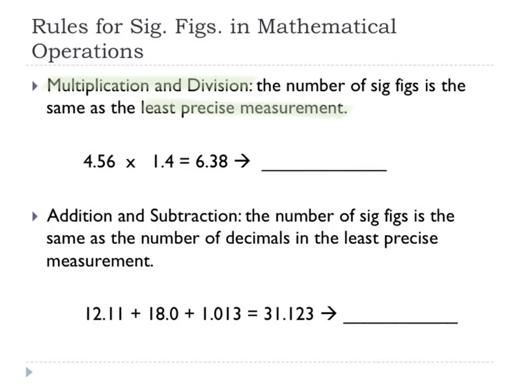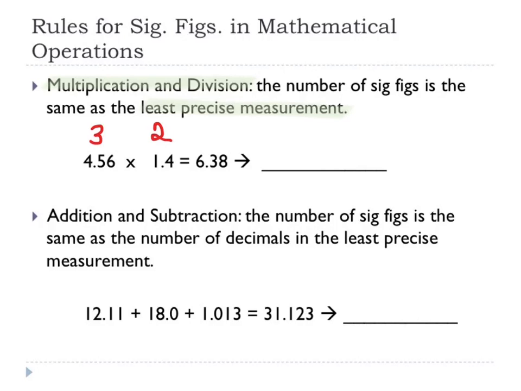So here is an example, 4.56, and that has how many significant figures? 3. So we have 3 significant figures, and then we have 1.4 that has 2 significant figures. When I multiply those two numbers in the calculator, I get 6.38.